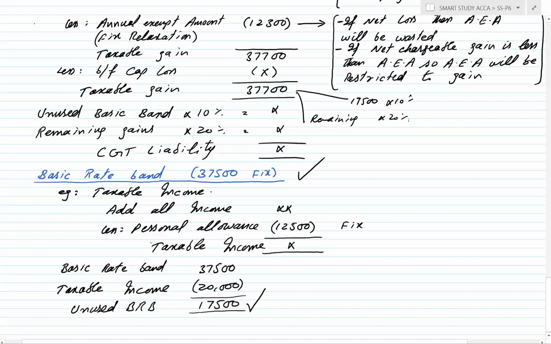Okay, so we need to think about income tax first. Either we have consumed the basic rate band in the income tax or it is unused from the income tax. So if the basic rate band is not fully utilized in the income tax, only then we can use the remaining amount of the basic rate band in the capital gains tax.